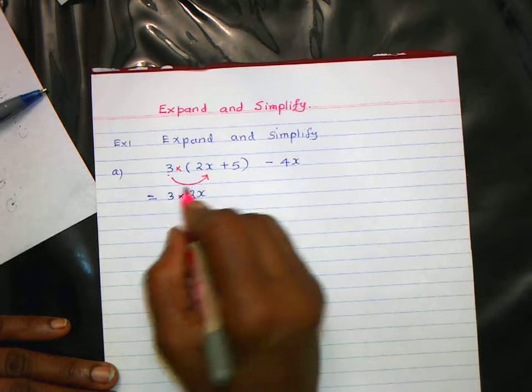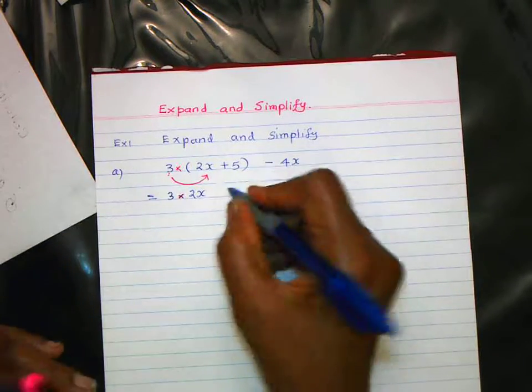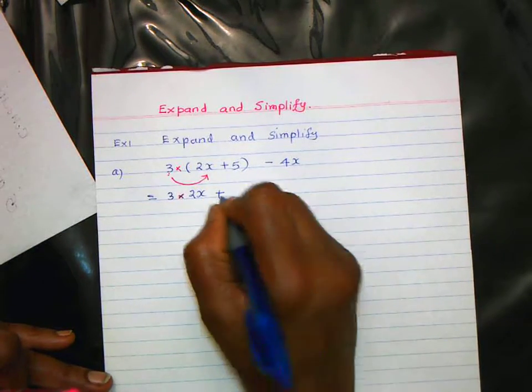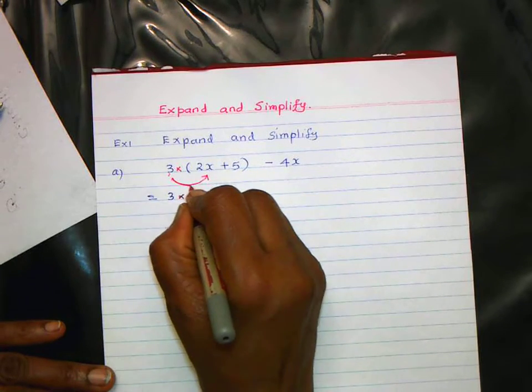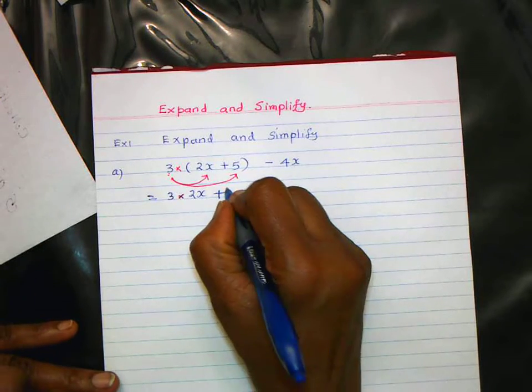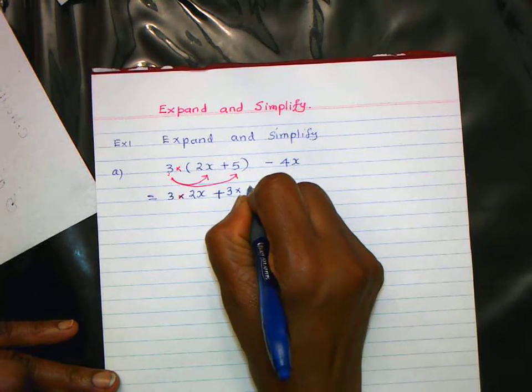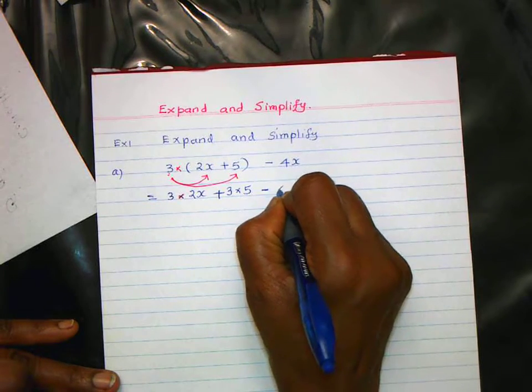Then 3 times 2x, and bring the plus sign, plus 5. Then 3 times just 5, because I've taken the plus already. So 3 times 5. I can't do anything with that, just write it as it is, minus 4x.